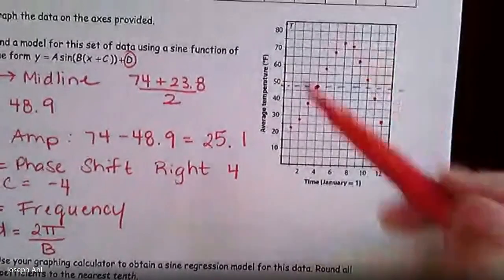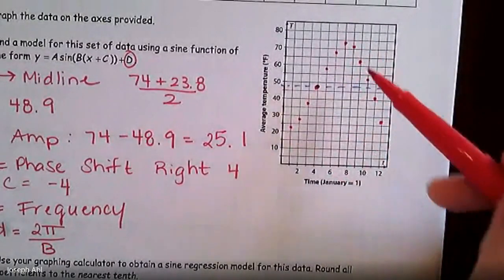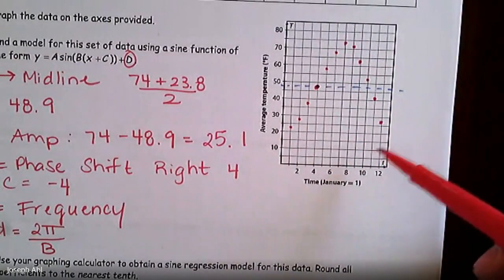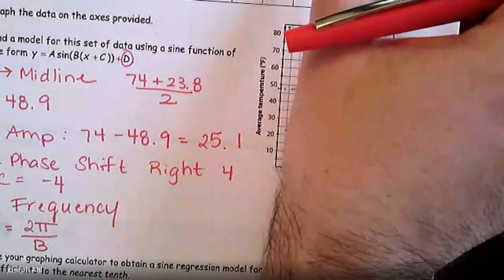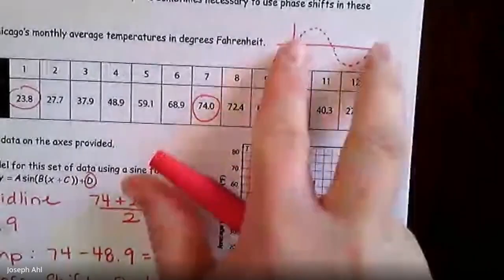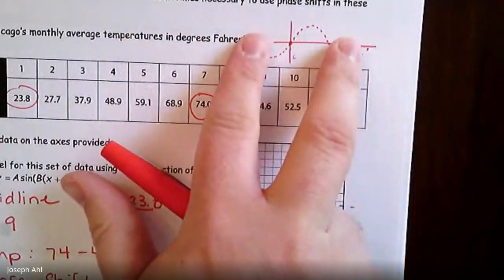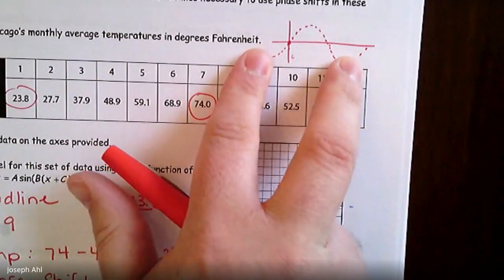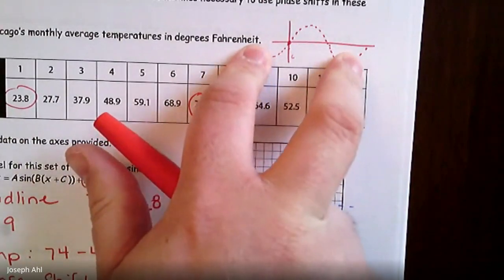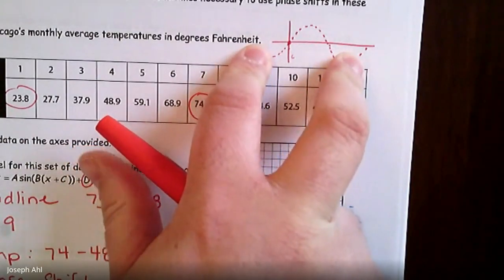Now, it may not appear that way, but I think we're seeing one full cycle of the curve within this 12-month time frame. And if you think about taking this sine parent function and then kind of just shifting it to the left a little bit, this is one full sine cycle as well. It looks more like upside down cosine to me, but it could be representative of a full sine cycle.